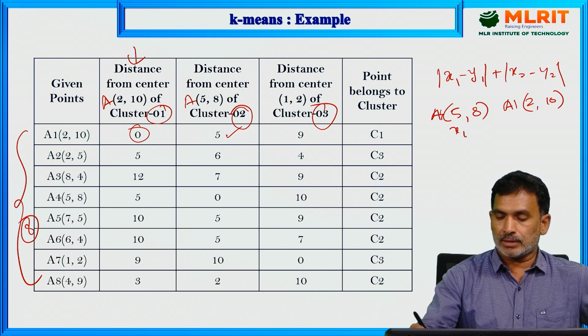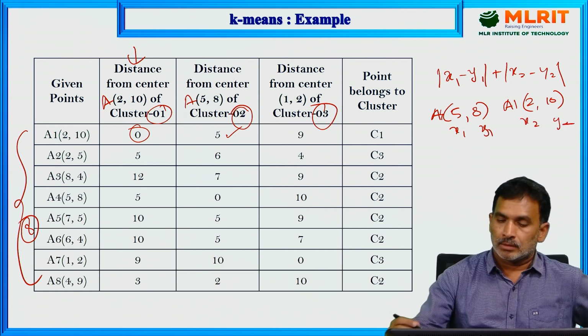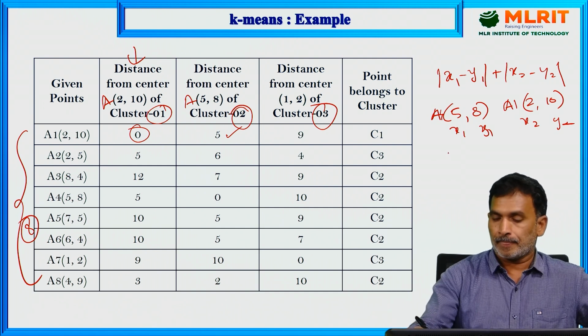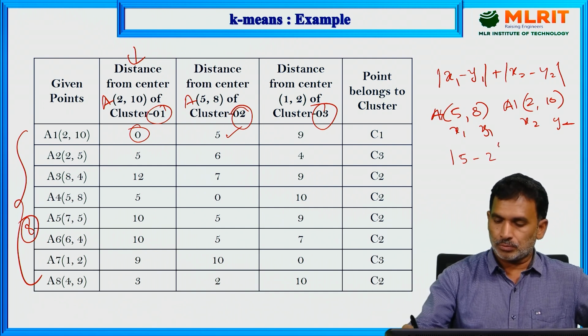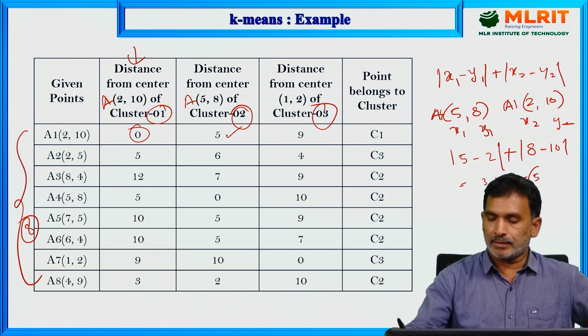So x1, y1, x2, y2. Now if you plug these values into this equation, then you have 5 minus 2 plus 8 minus 10. So how much is it? It is 3 plus 2 equal to 5.